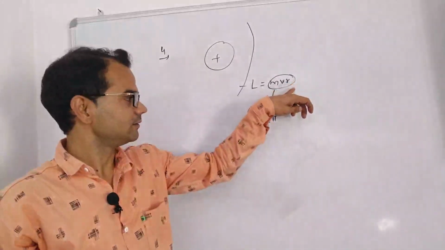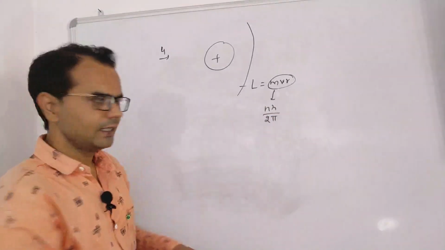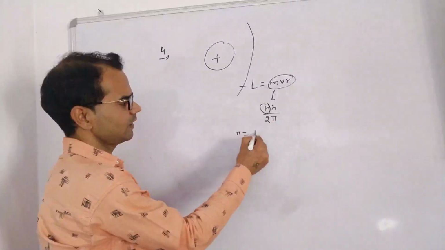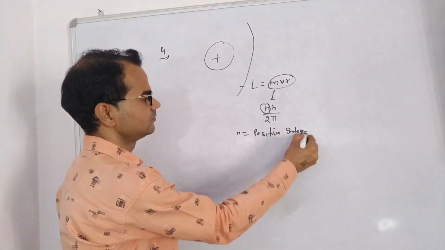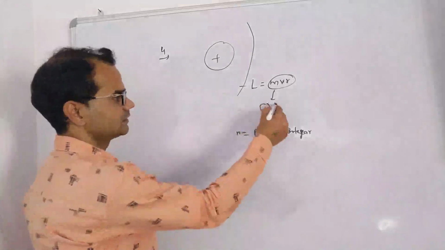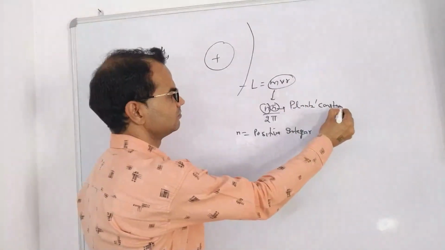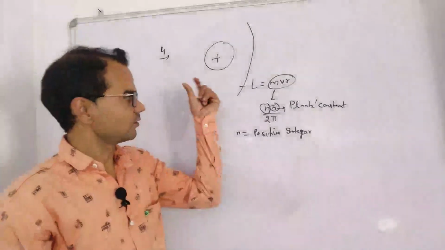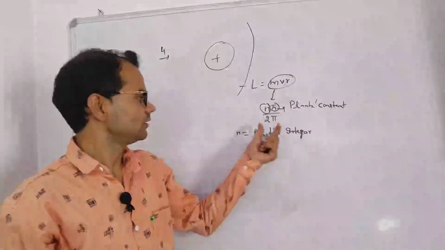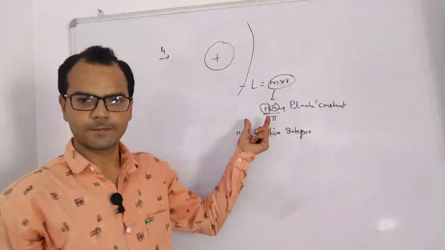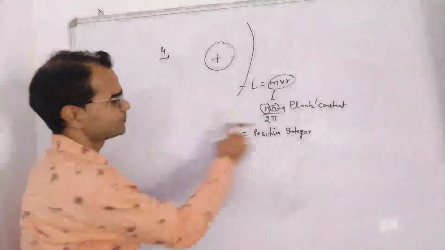It is an integral multiple of nh by 2 pi, where n is any positive integer and h is the Planck constant. An electron can revolve in that orbit whose angular momentum is nh by 2 pi. Easy.